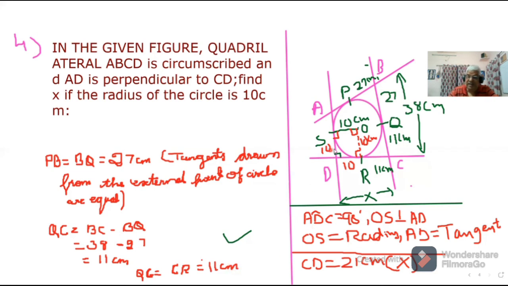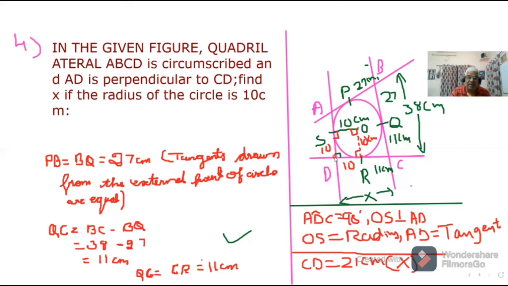Next, I come to the next part, DS. Here they said, observe, angle ADC is 90 degrees. This is D, 90 degrees they have mentioned. AD is perpendicular to OS. Means OS is the radius, AD is the tangent.